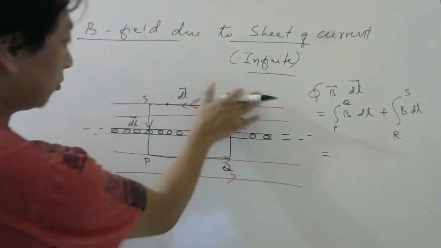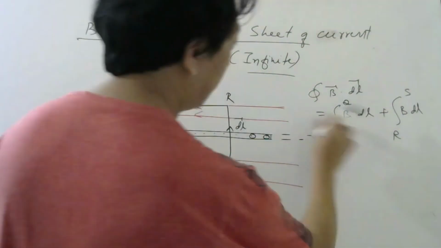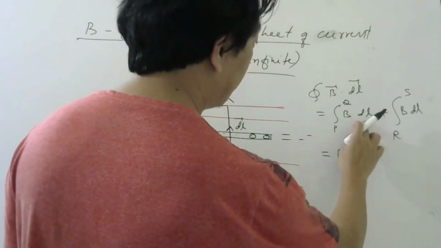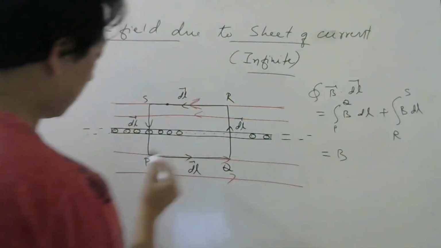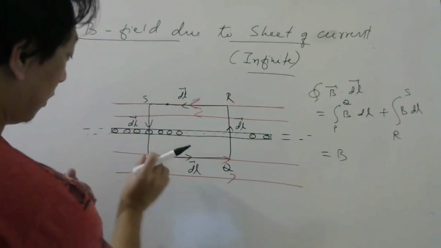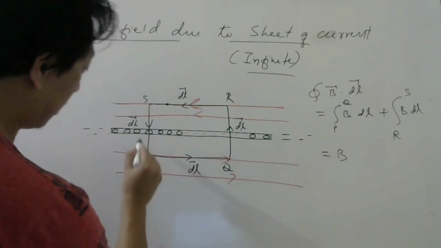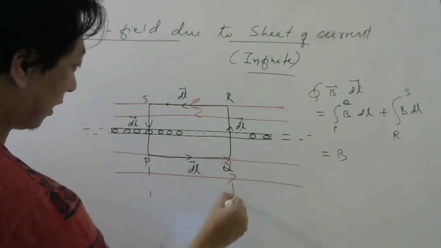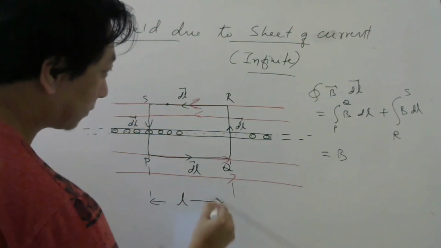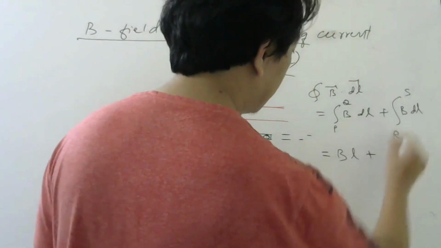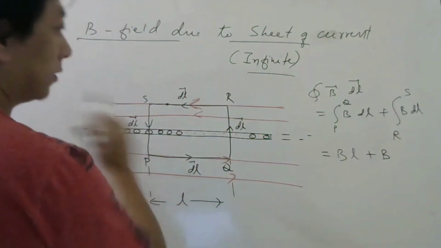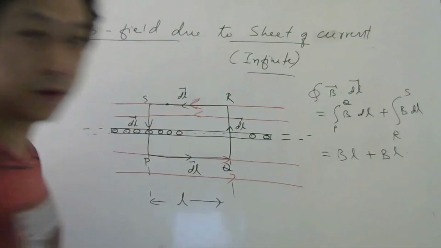Since the magnetic field is uniform here and here, you can take B outside. Integral dl from P to Q. If you integrate dl, you will get the total length. So let us say this length is L. So L plus this will also be L, with B coming out.